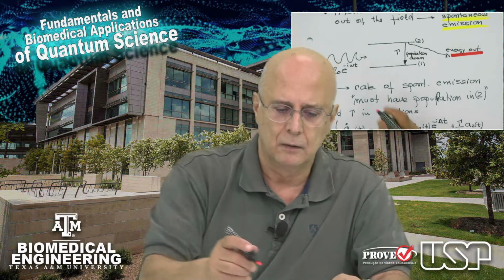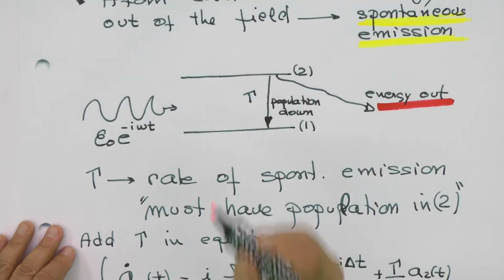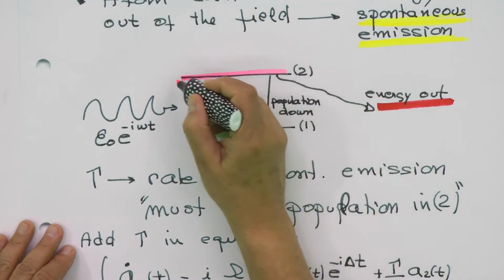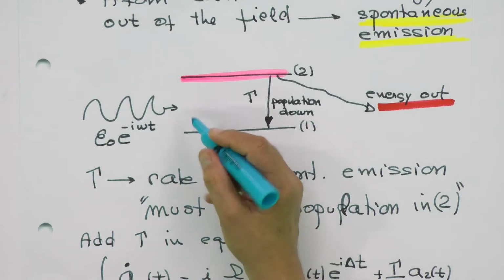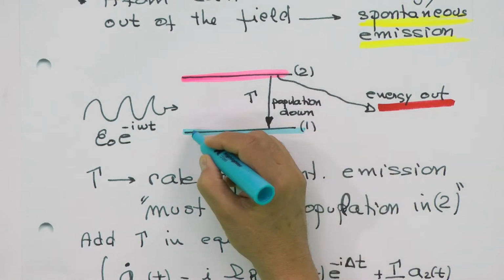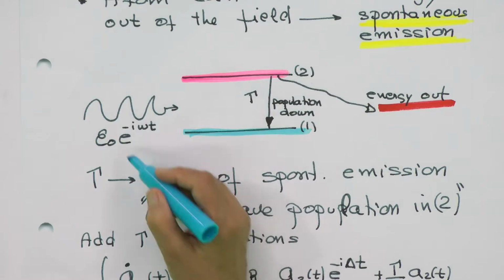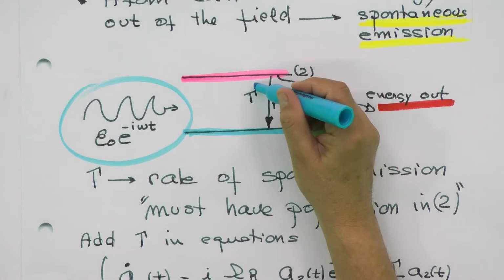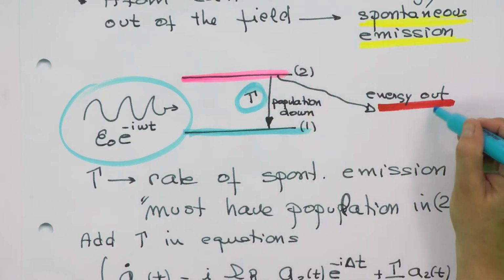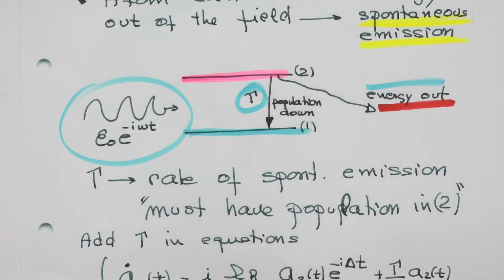Okay. Well, we're going to change the system a little bit now. This is the excited state in pink. This is the ground state in blue. The electromagnetic field comes, and I am adding a rate of spontaneous emission. So that is a rate.